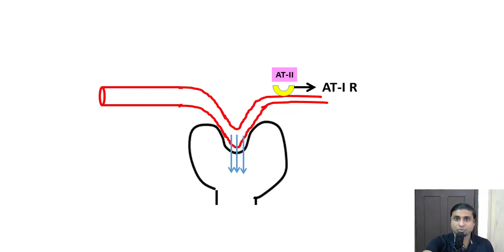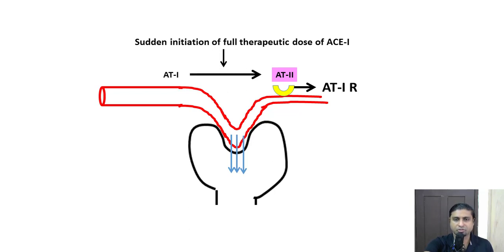In this context, if we were to administer a full therapeutic dose of ACE inhibitor, it would cause the inhibition of conversion of angiotensin 1 to angiotensin 2. There is no longer any angiotensin 2 available to bind to the AT1 receptors, and therefore this vasoconstrictive effect is lost.